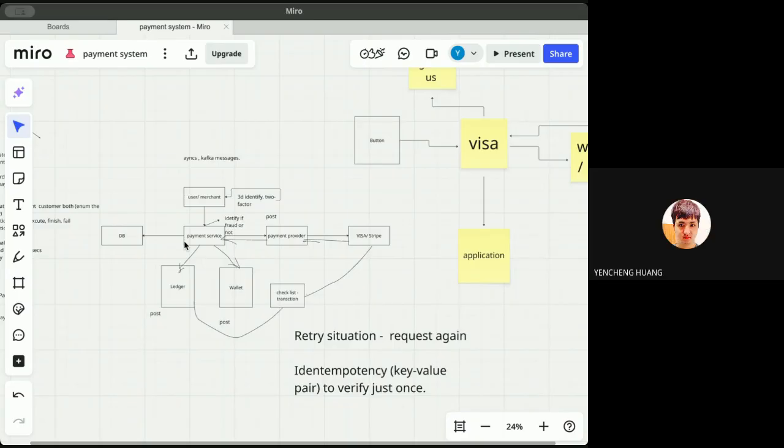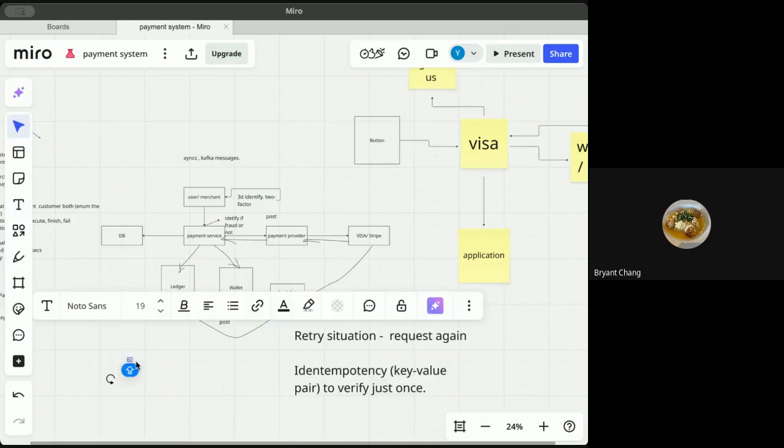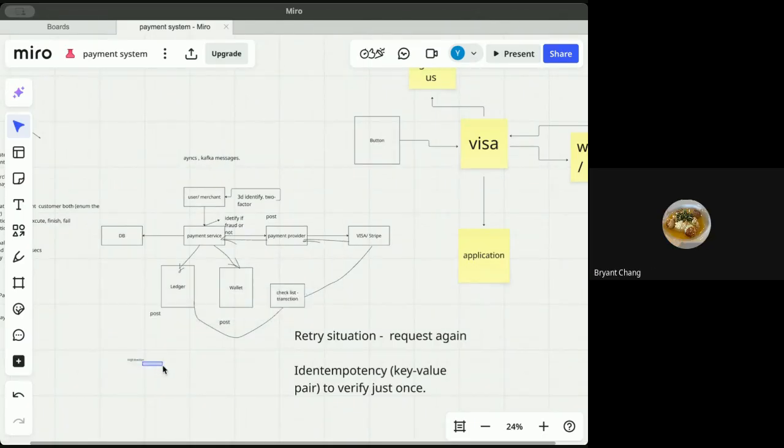In what situations should I prevent it? It means like I sent a lot of requests to third parties. Because I think the system would need to handle high volumes of transactions, so maybe there will be 1,000 transactions per second. How do you ensure that the payment service will not be blocked?